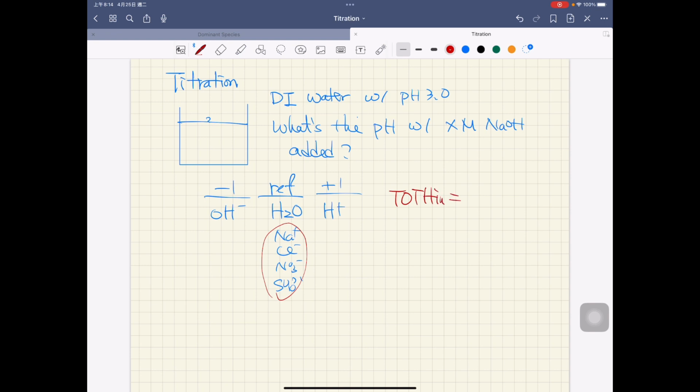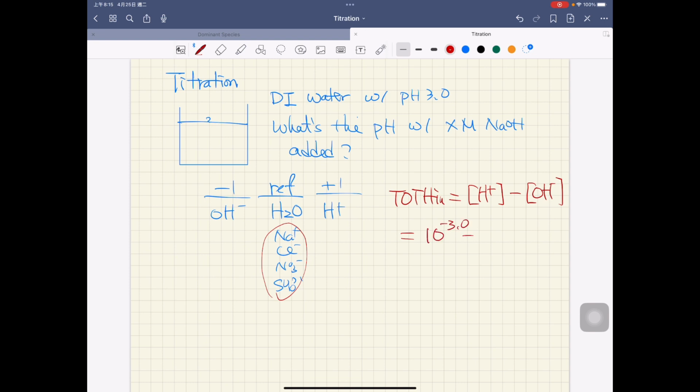So when I give you this water, I know that it's pH 3. So the total H in will be just H plus minus OH minus. So how much do we put in? Because we know that at the beginning it's pH 3.0, so I know that H plus is 10 to minus 3.